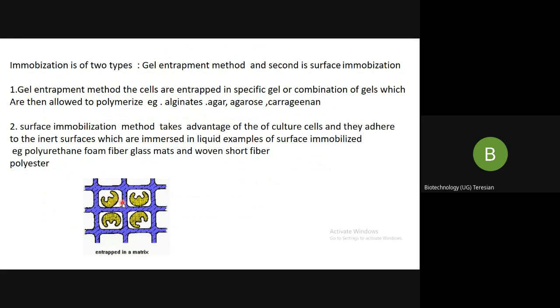The gels which are used for entrapment are alginates, agar, agarose, carrageenan. All these are gels.